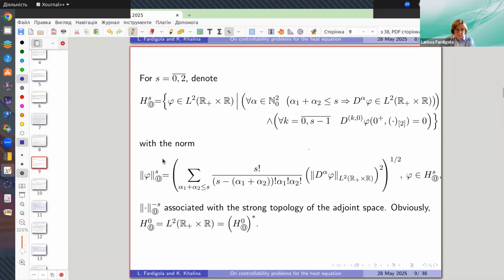And the appropriate norm we also consider, and H minus S is the adjoint space with the strong norm of the space.